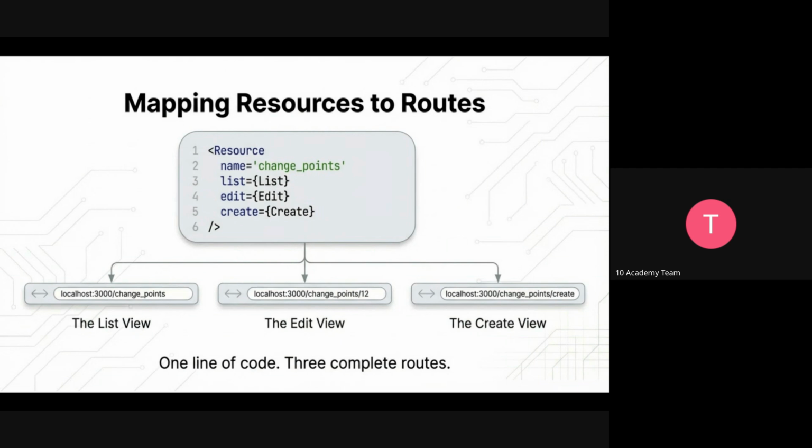Below you can see there is localhost 3000 change points. This is used for the list view. For the edit view, it takes in an ID, in this case 12. And for the create view, it just appends /create. So it's just one line of code, but it creates the CRUD functionality, the list, the edit, and the create, for your front end.